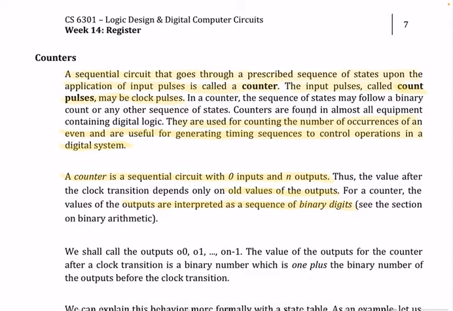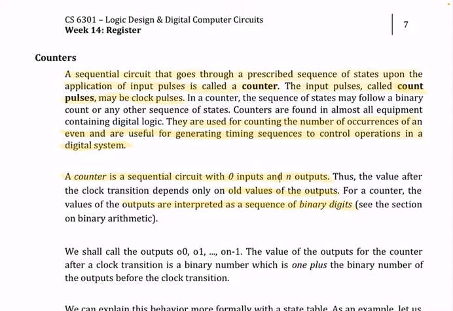Counters are found in almost all equipment containing digital logic. They are used for counting the number of occurrences of an event and are useful for generating timing sequences to control operations in a digital system. The counter is a sequential circuit with zero inputs and outputs. Tatandaan nyo, wala siyang inputs other than the output ng ibang parts.